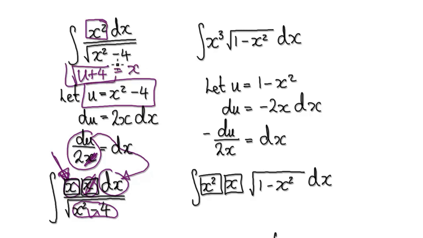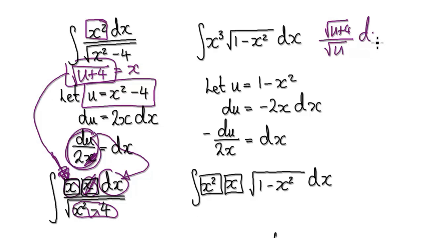You would then put this block in, and it would become something really ugly, like u plus 4 over the square root of u, times du over 2. This is very difficult. It's really messy. It doesn't neatly cancel itself out.